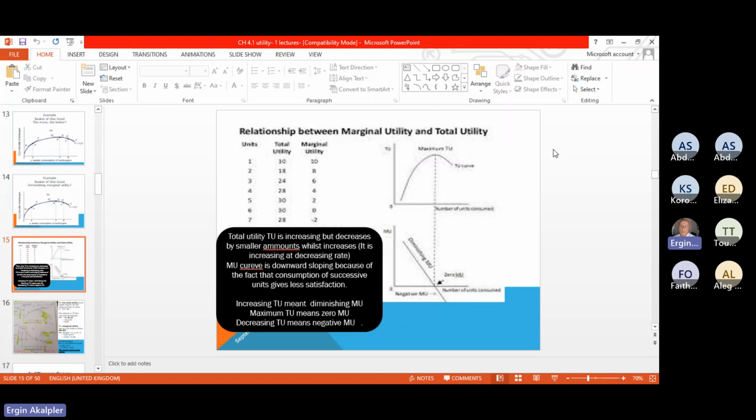The total utility is increasing but at a decreasing rate, which means the marginal utility curve is downward sloping. As you see, there are some typewriting mistakes.